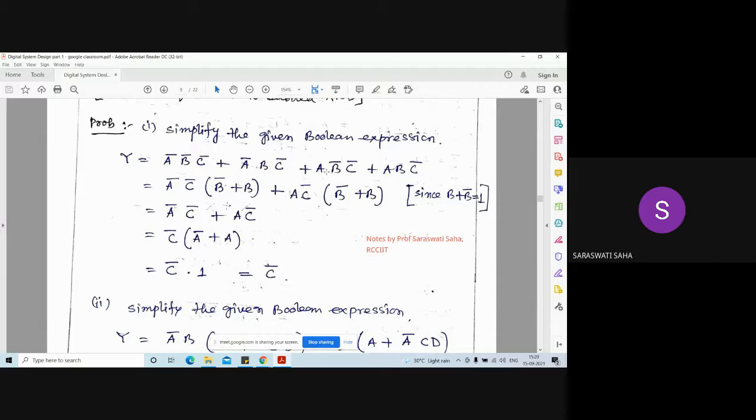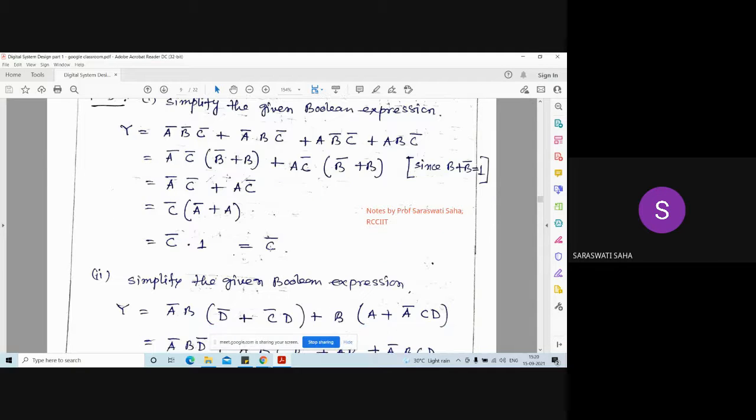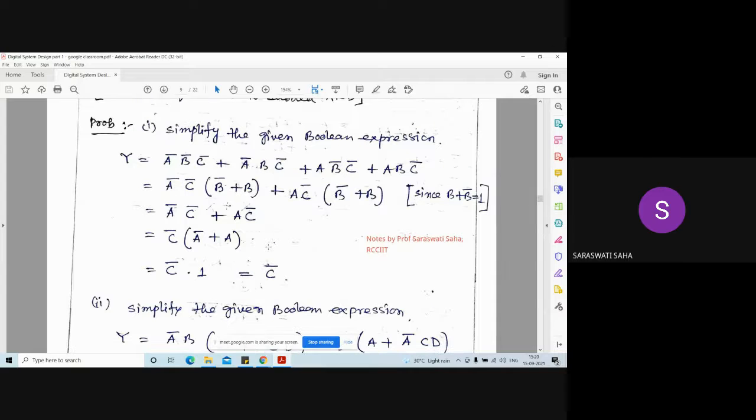From here, you can take A bar C bar as a common part, B bar plus B gives us 1. So finally from here, take C bar, you will get A plus A bar within brackets and it will give us 1. So finally it will be C naught. So when Y equals the OR of these four terms, it is equivalent to C naught basically.